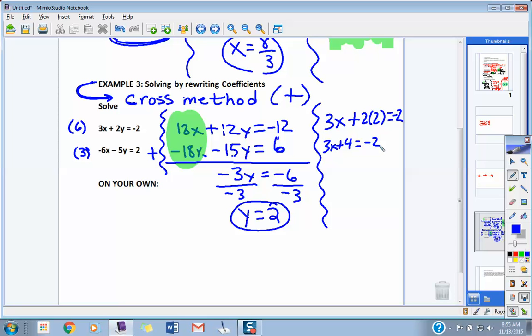Agreed? Back to 4. So I have 3x equals -6. What's that make the x value, kiddos? After subtracting 4. So in ordered pair form, how do you want to express this? -2 comma 2. Right?